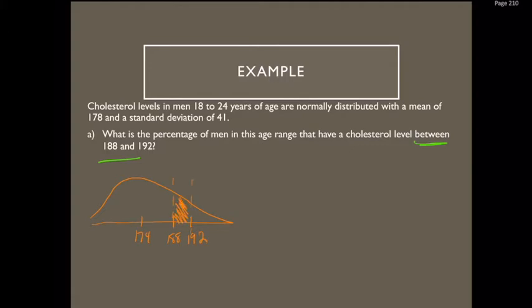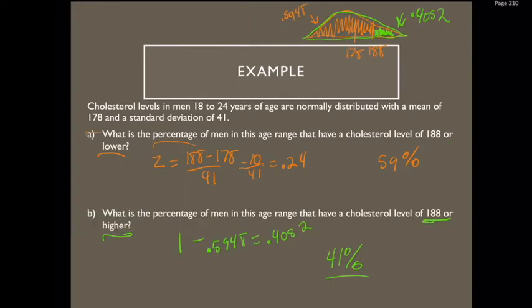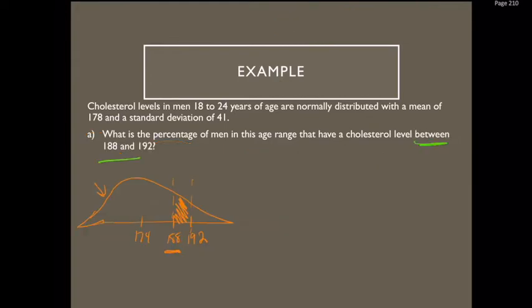So I'm trying to find the area right here. Now we already know from our previous example that for a cholesterol of 188, the area over here was 0.5948. So I'm going to go ahead and write that down. This is 0.5948.